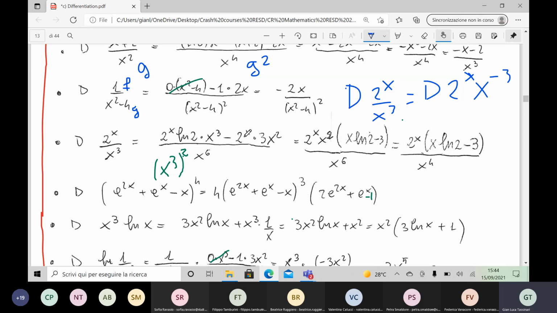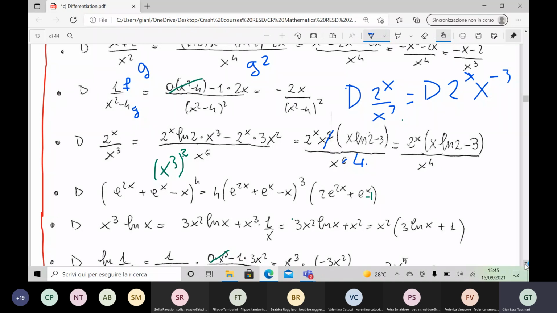Can we simplify something? Yes, we can simplify this with this one. And here you have 4. So in the denominator you have x to the power 4. Okay, so you see here I simply copied. This is the derivative that you should obtain if you apply the differentiation rule of the product of these two functions.